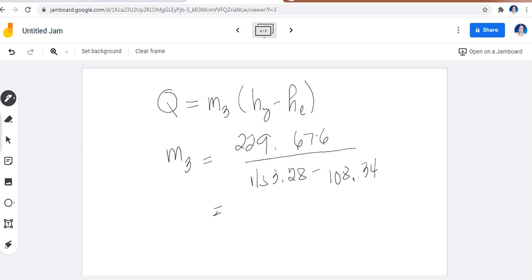But in that case, you will have a final value for M, which is 232.5 pound mass per hour. So this is the flow rate of the steam that will be able to supply the heating requirement for your air-water vapor mixture.